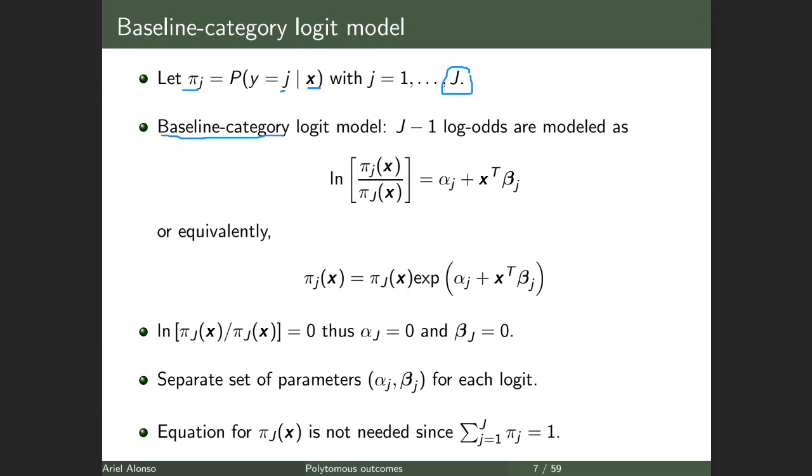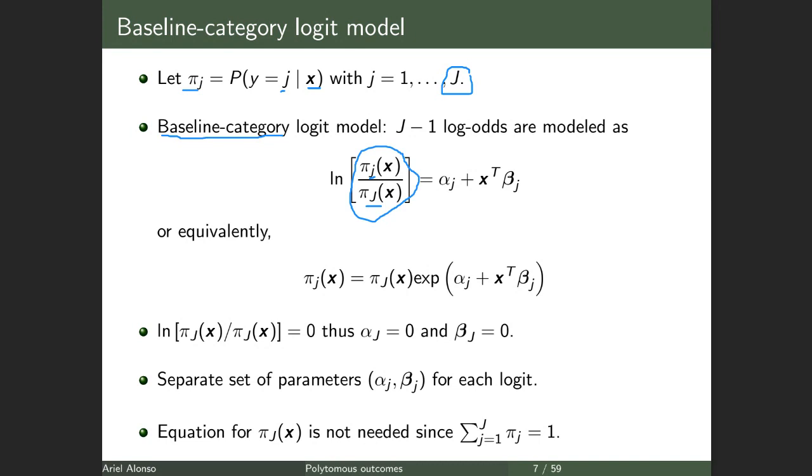So what the baseline category model does is you model the log odds of observing outcome j instead of observing the baseline outcome, capital J. This is the logit of the odds of observing outcome j instead of the reference outcome.